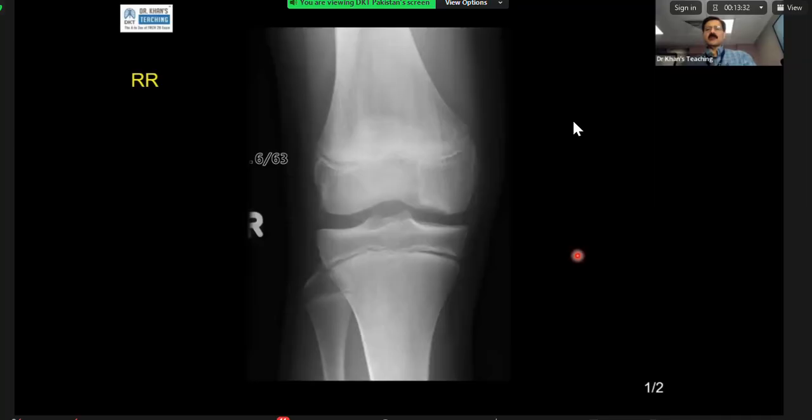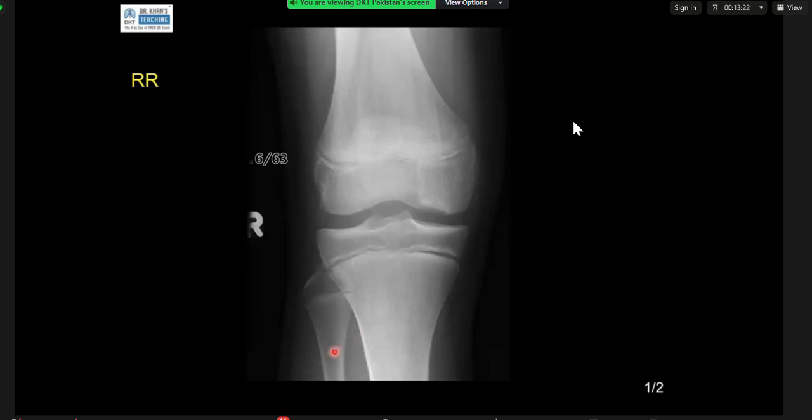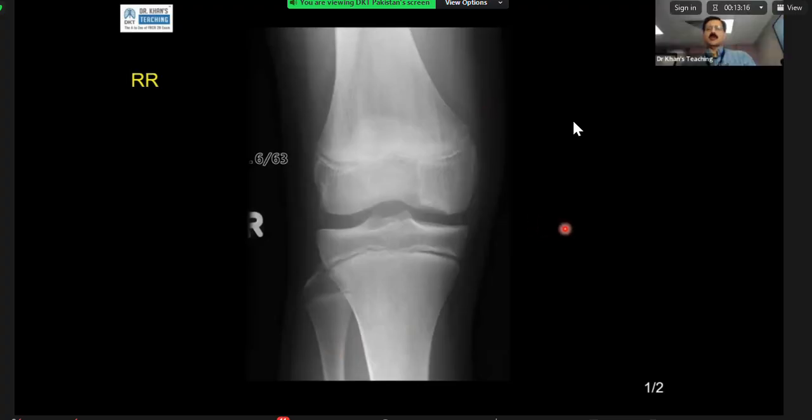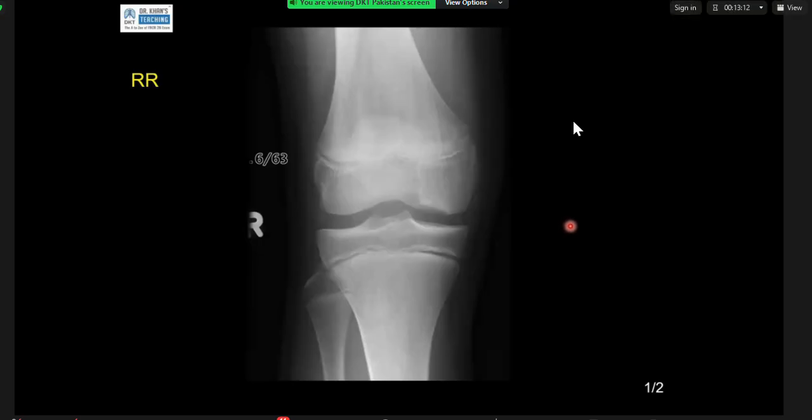But you can see the finding. So maybe something at the medial femoral condyle. What is the abnormality? So you are right, but what is the abnormality? What will you put in the exam?